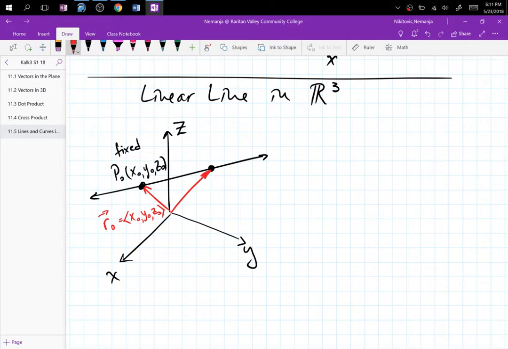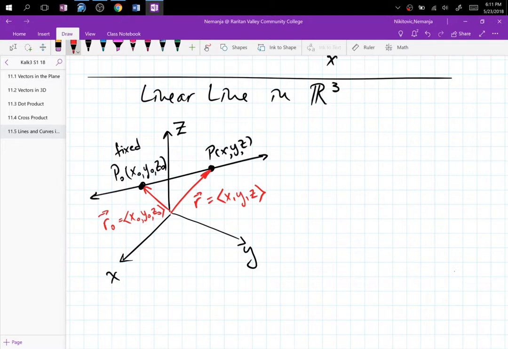On the other side, I'm going to have a point P, x, y, z, and its corresponding vector R, which is going to have coordinates x, y, z. Great.